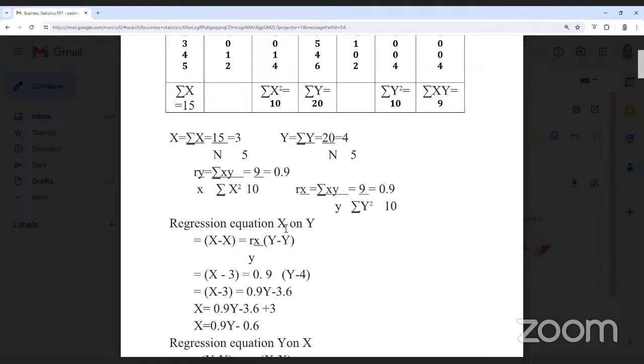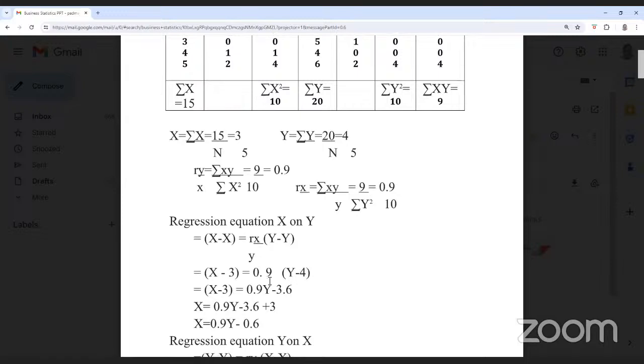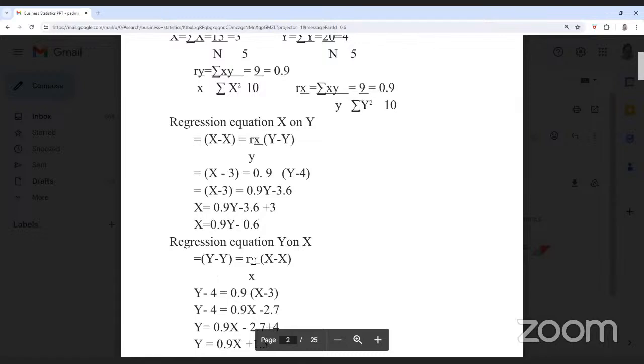When we are taking x on y, so here x minus mean is equal to rx divided by y. X should come up, y should come down. When y on x, rx, y should be up, x will be on the denominator. Is it clear? So for this, first I am taking this value.